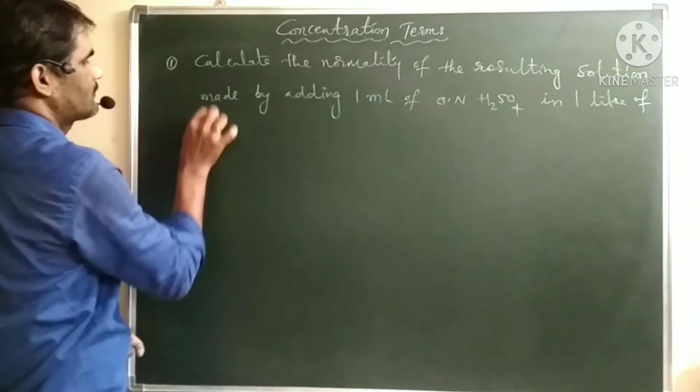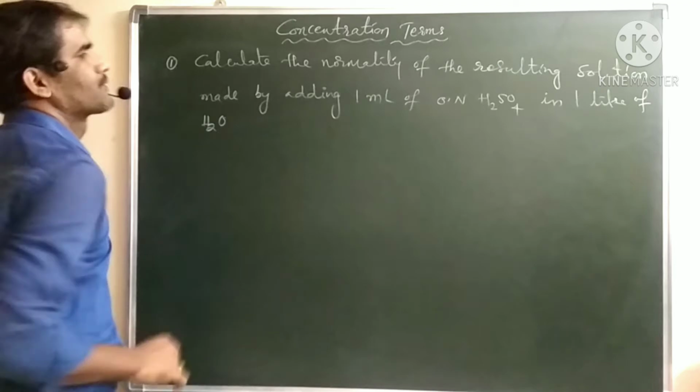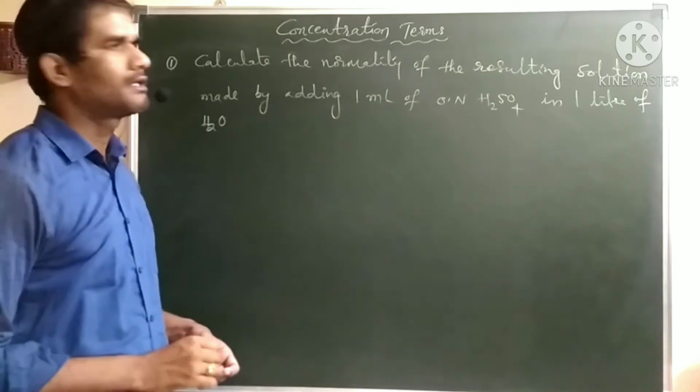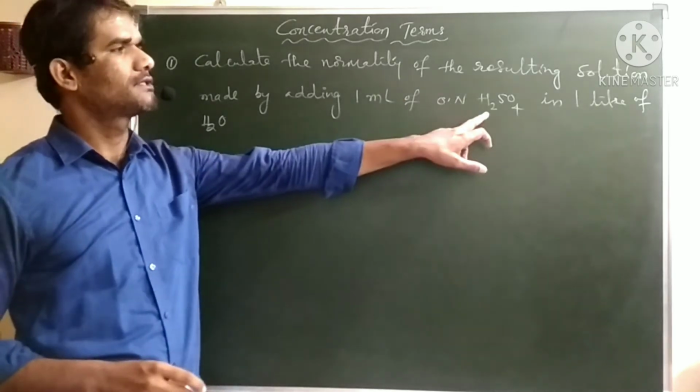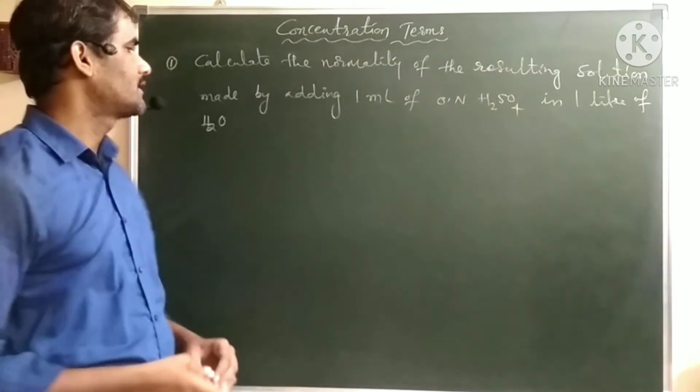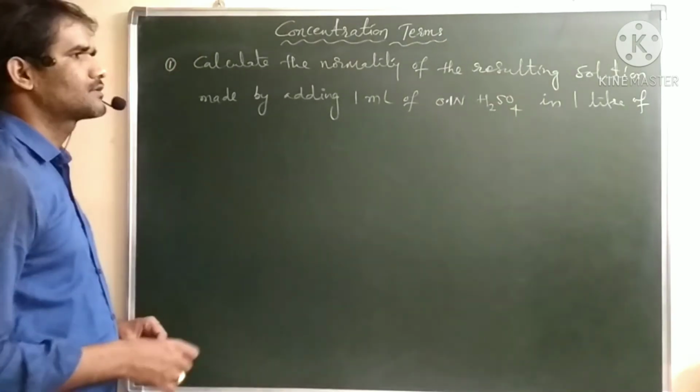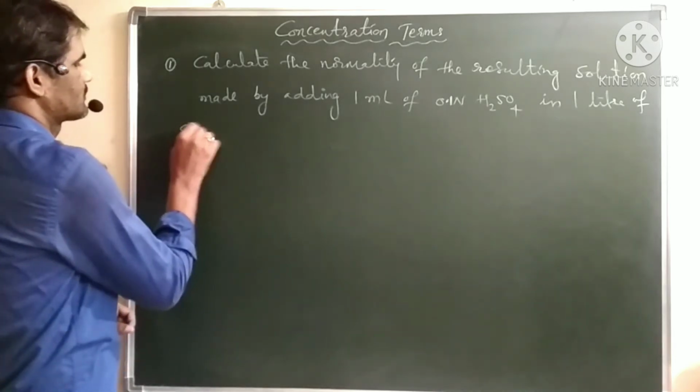So you have to calculate the normality of the resultant solution made by adding 1 ml of this much H2SO4 to the 1 liter of water. Now see the solution for this.